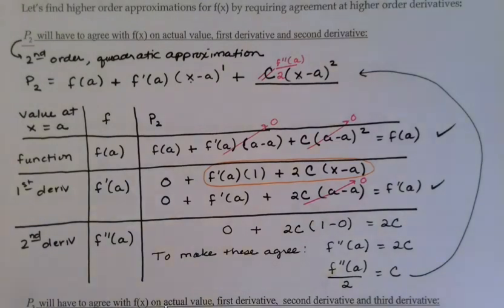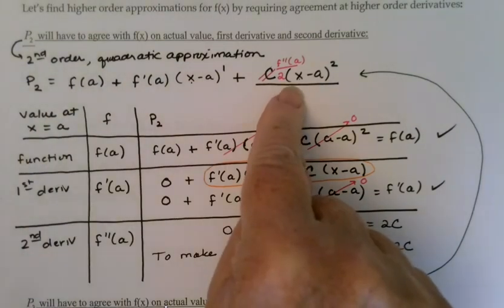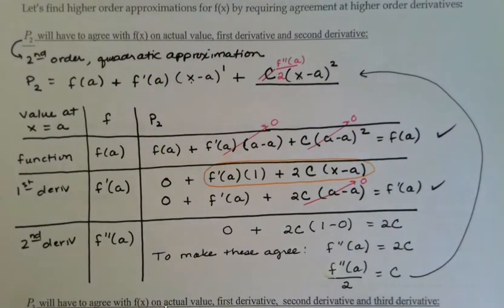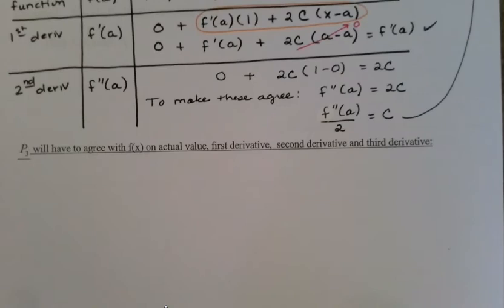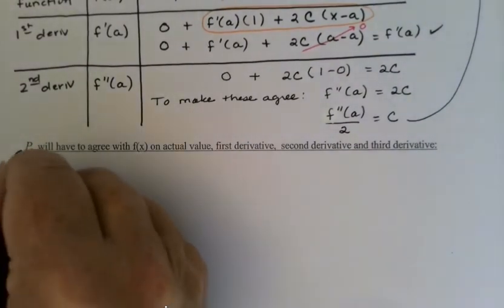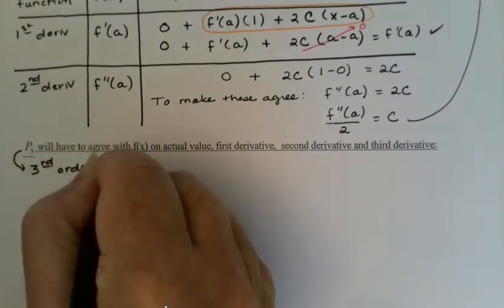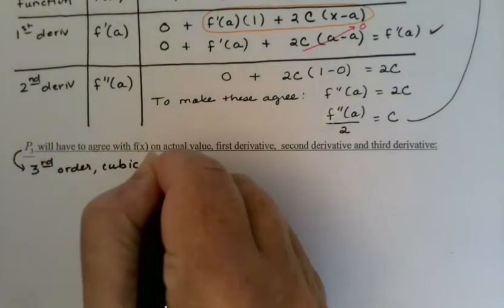All right, I know this is a bit time consuming, but I want to do one more and then I think we're going to be able to see a pattern. So if we can have a second order or quadratic approximation, we can also have a third order or cubic approximation. So P3, this is going to be third order, cubic approximation.